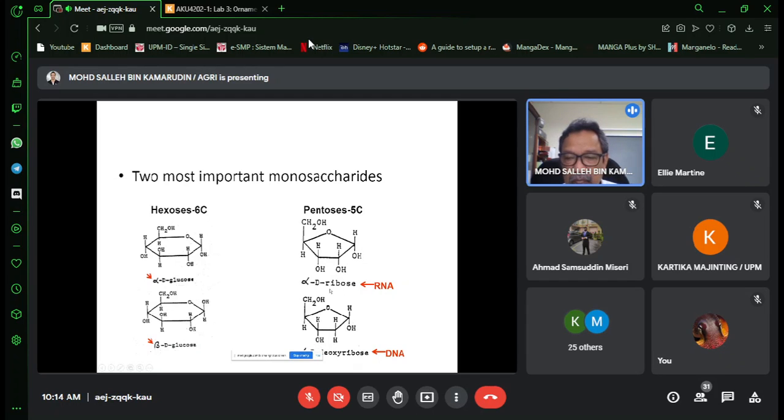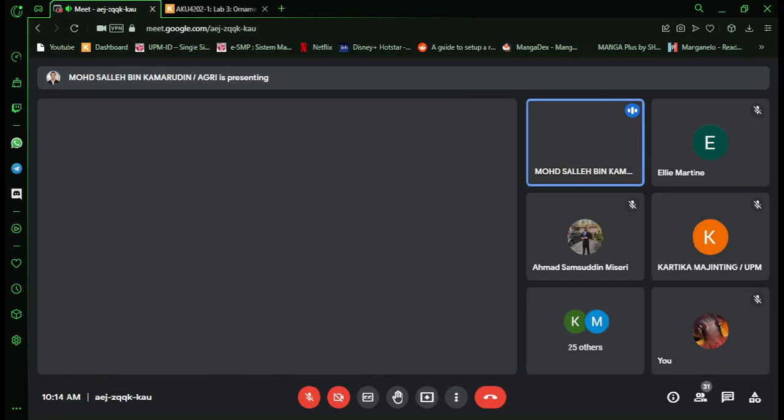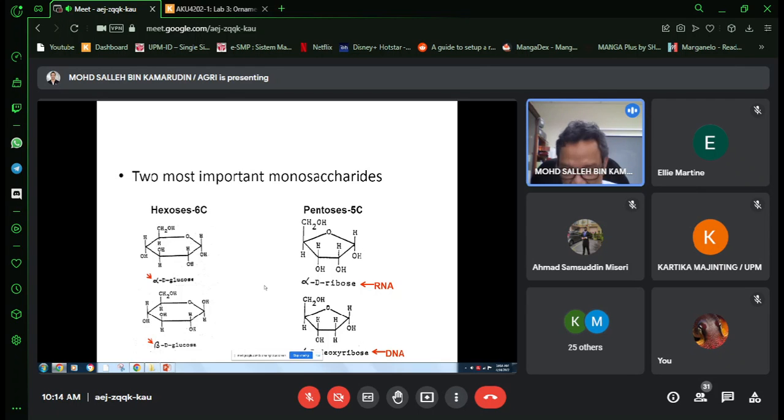One is alpha ribose, which will become RNA, important for RNA, and then deoxyribose will become part of DNA. So these two are the most important monosaccharides.